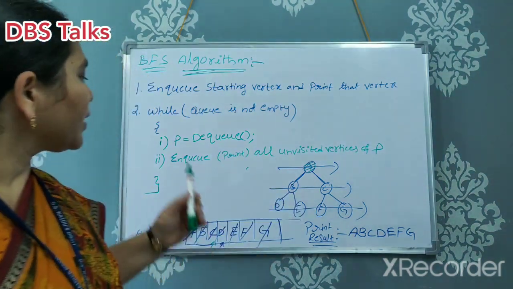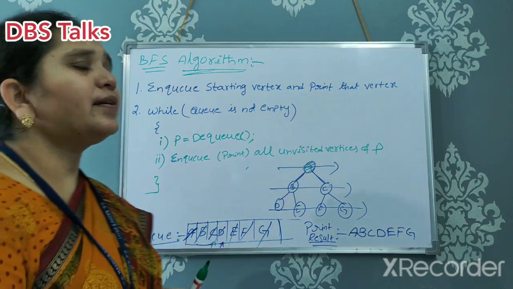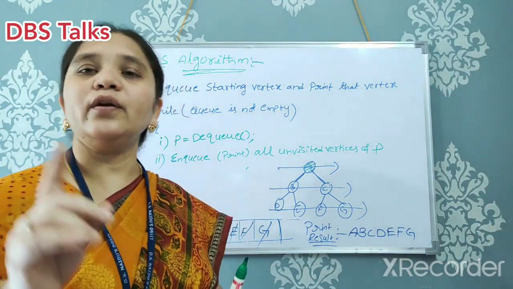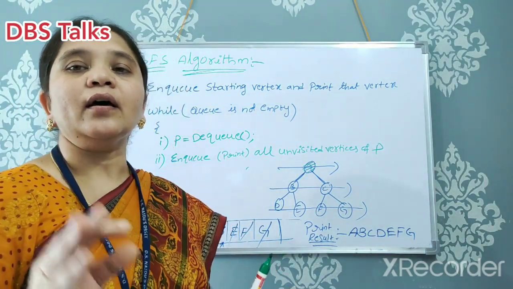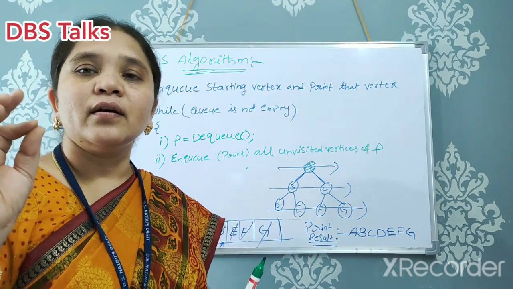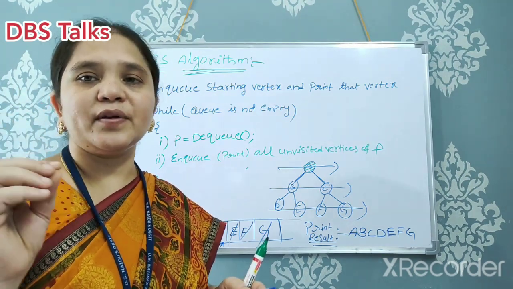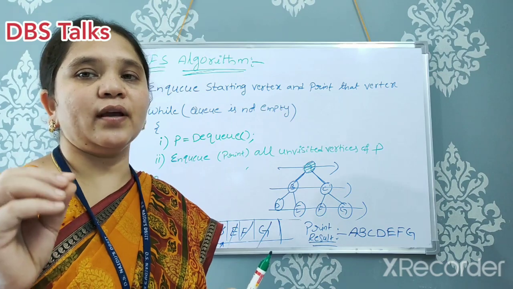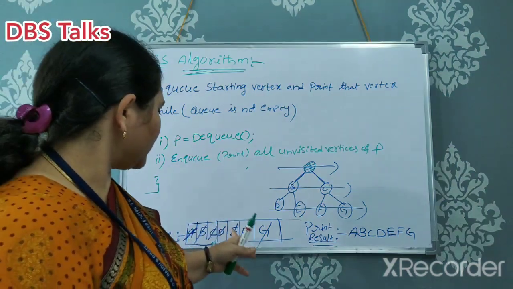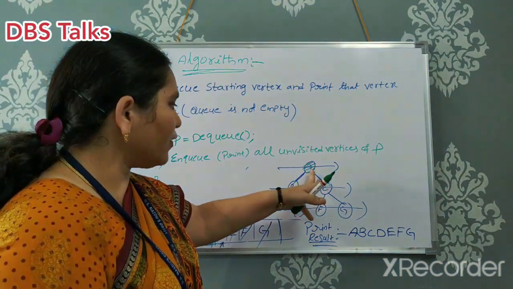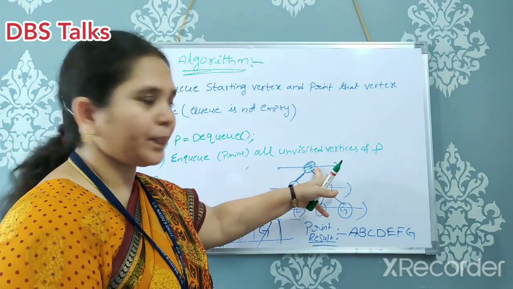Also this BFS does not have only one order. It has numerous, n number of ways we can print. Here we can observe this. I will start with the root A, same.